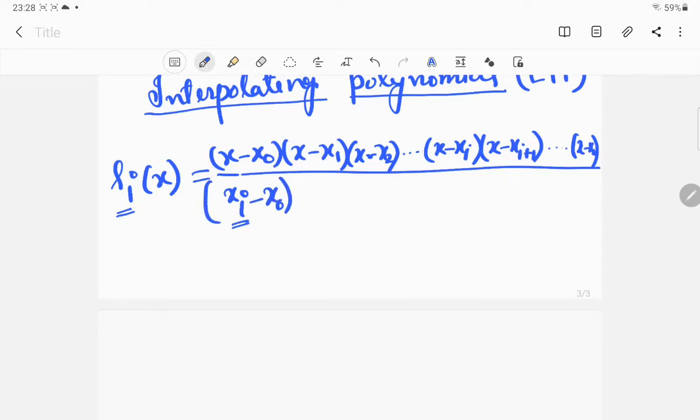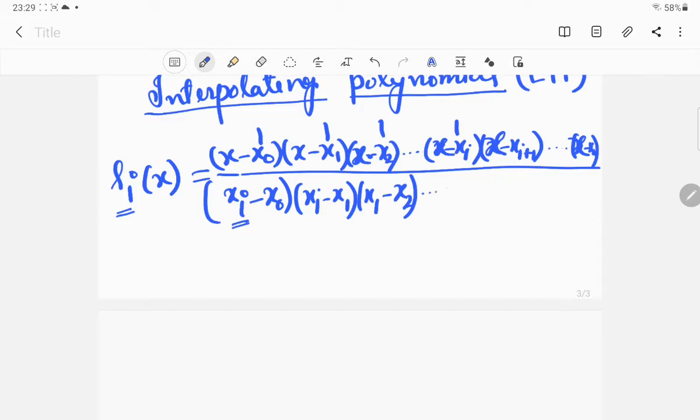So xi minus x naught. These things will be similar. Only the thing that is changing is this x. Here it is x, here it is x, here it is x. In the denominator it is replaced by xi. So it is xi minus x1, xi minus x2.